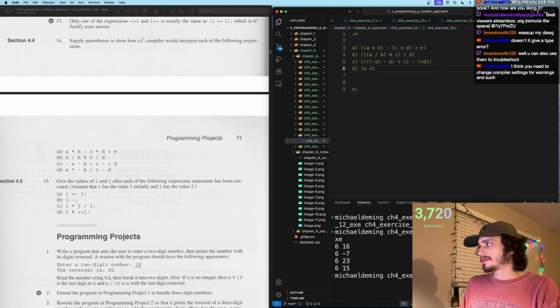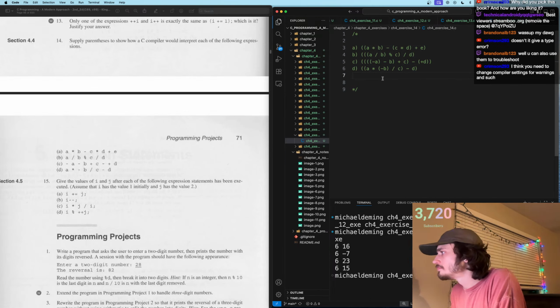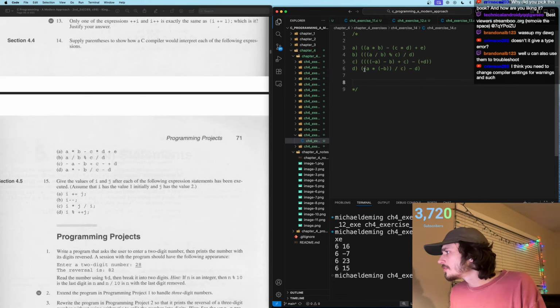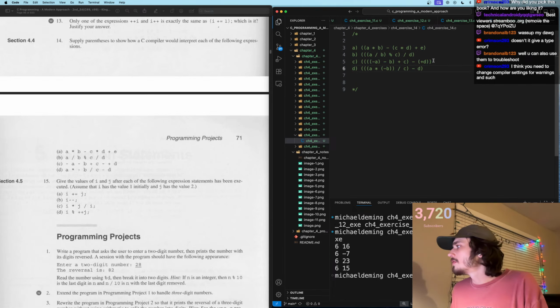Okay, and D would be A times negative B divided by C minus D. So you would do this, then you would do this, then you would do this, then you would do this, and then you would do this.